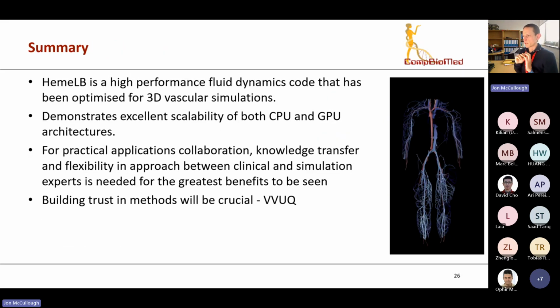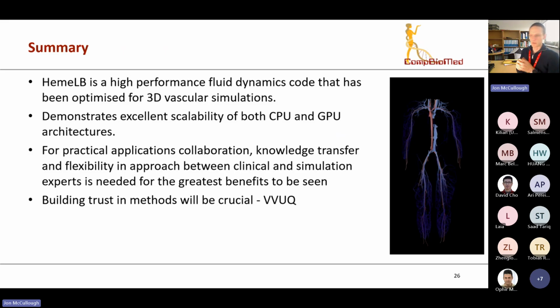So HemeLB, in summary, is a high-performance fluid dynamics code that has been optimized for 3D vascular simulations. It has demonstrated excellent scalability on CPU and GPU hardware. For practical applications, there is a balance of knowledge transfer that must occur between both clinical and numerical experts in order to get the best benefits out of this virtual human twin idea.